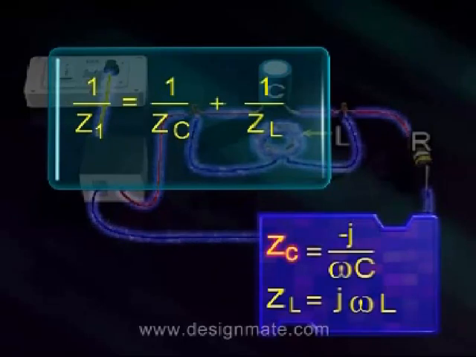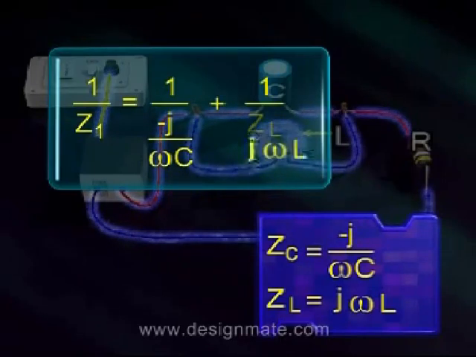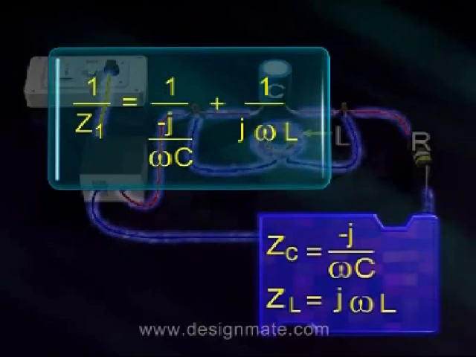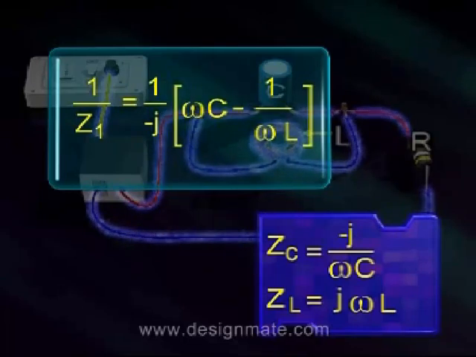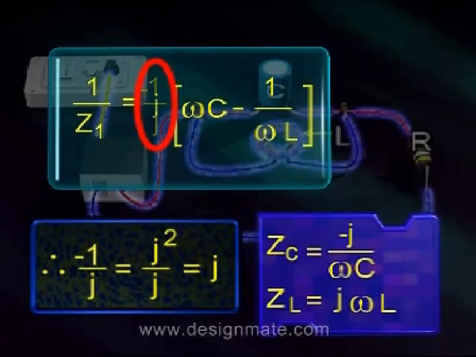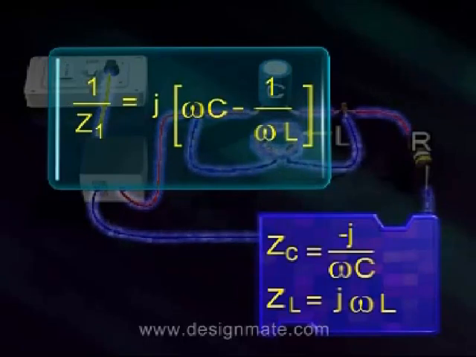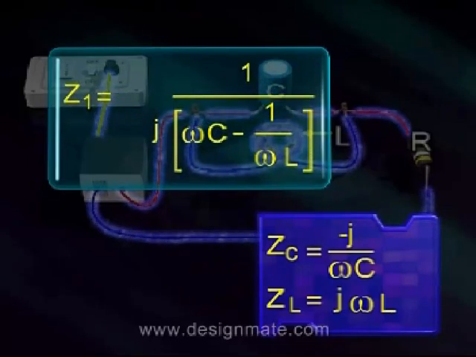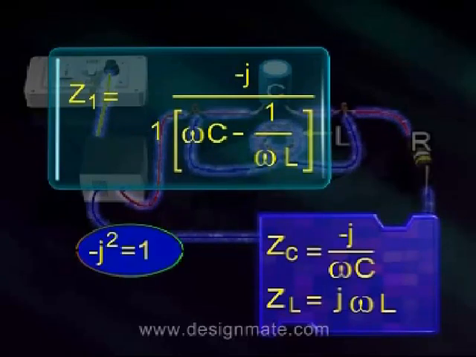But ZC is equal to minus j upon omega C, and ZL is equal to j omega L. So 1 upon Z1 is equal to 1 upon minus j upon omega C plus 1 upon j omega L, that is equal to j times omega C minus 1 upon omega L. Therefore, Z1 is equal to 1 upon j times omega C minus 1 upon omega L, which is equal to minus j upon omega C minus 1 upon omega L.